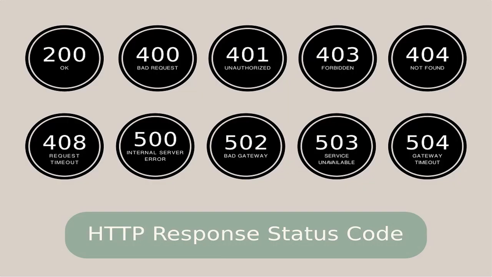Here 200 means that the request is successfully processed, or 404 means that the requested resource could not be found on the server. Similarly, 500 means that there might be an error in the internal server.